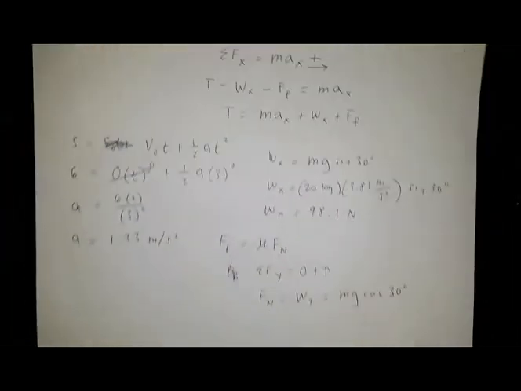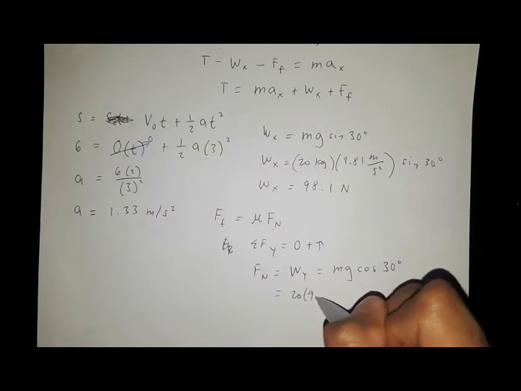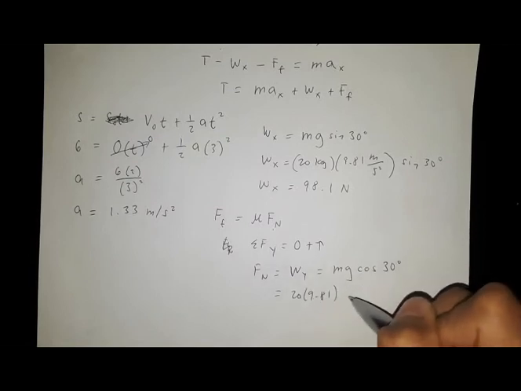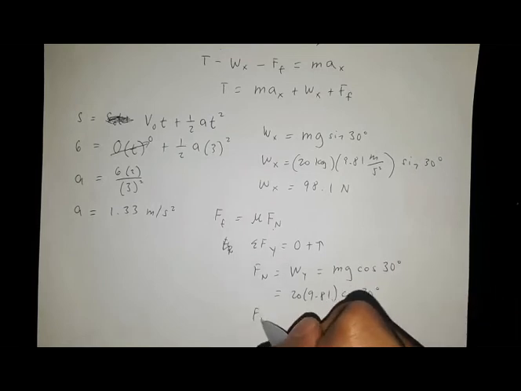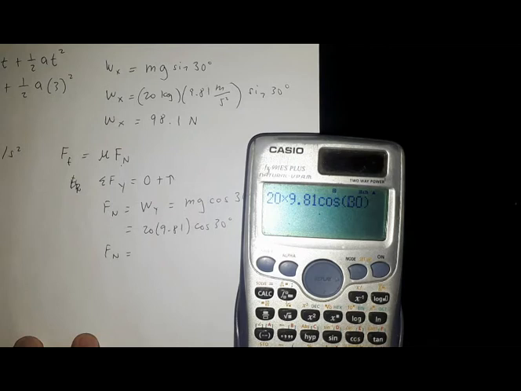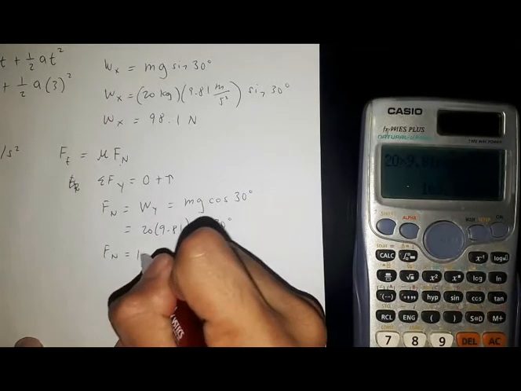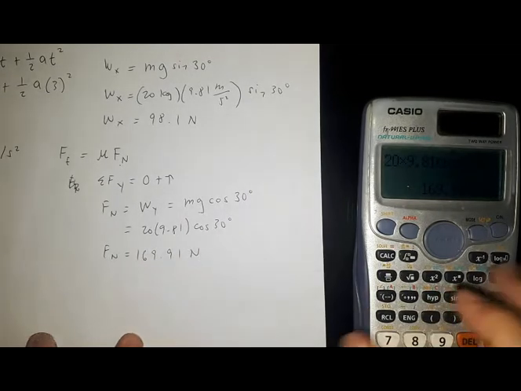By substitution, that is 20 times 9.81 cosine 30, and the normal force is 169.91 newtons.